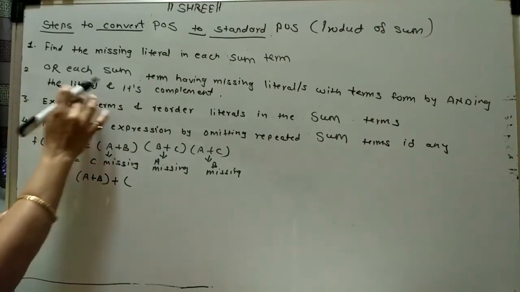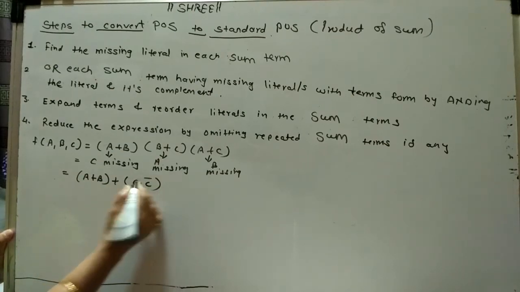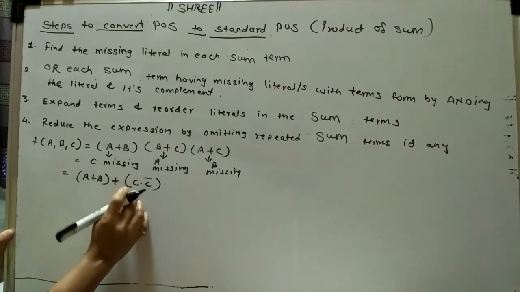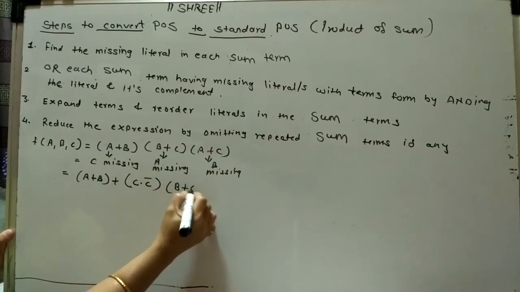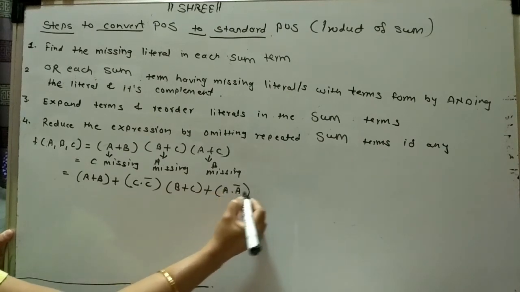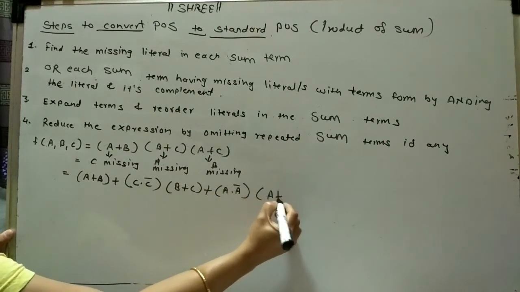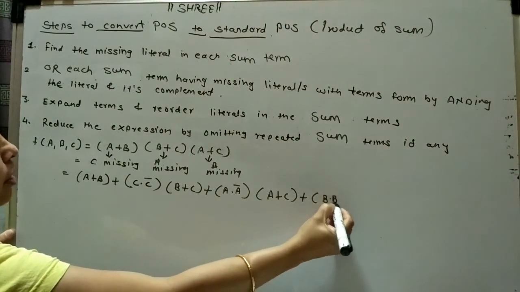By ANDing the literal and its complement. So the missing literal is C, we have to AND it with its complement, that is C dot C bar. Second is B plus C ORed with A dot A bar, and A plus C ORed with B dot B bar.